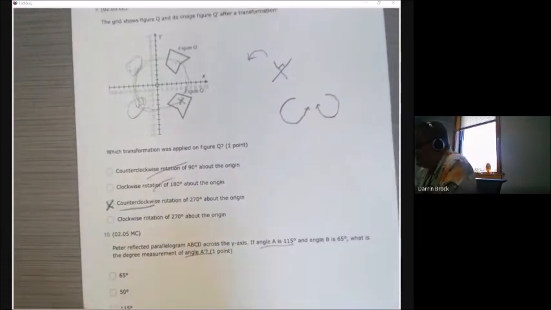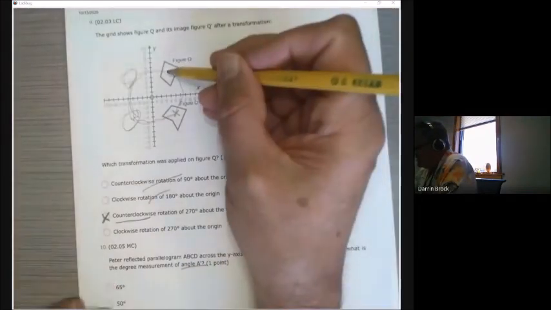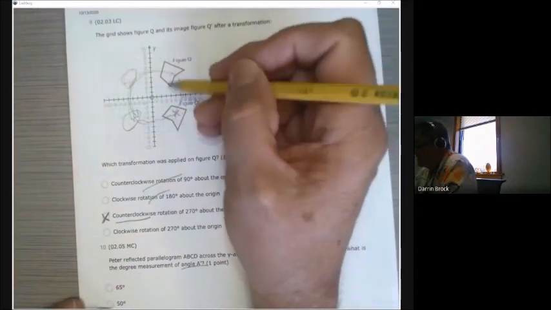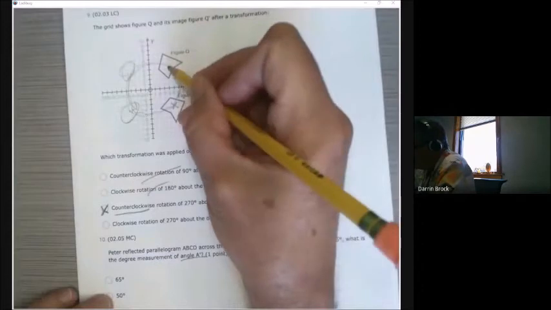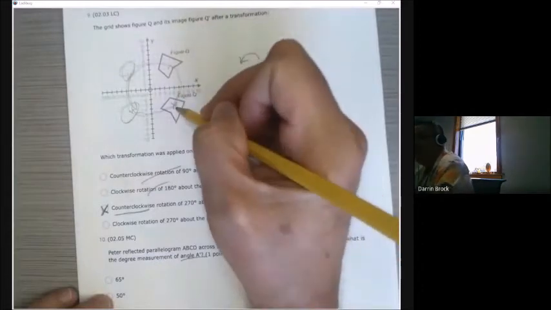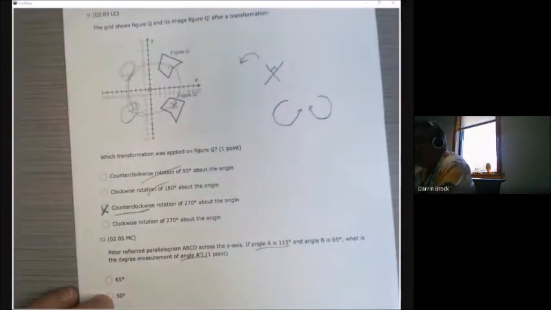Well, if you pay attention to these that we've done, this is the rotation. We've done reflections, we've done translations. In all three of those cases, this shape stays exactly the same. It just changes position, but it's the same size. All the sides are the same length. It's the same shape. That doesn't change.